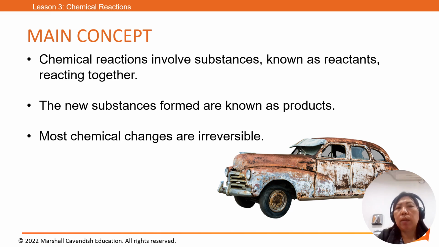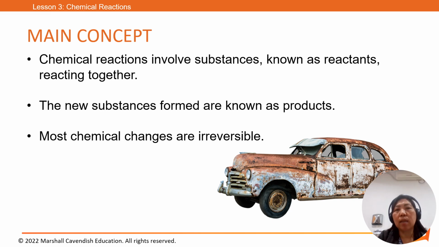Well, there is a layer of brown substance on the car, right? It is rusty. So this brown substance is a new substance. So we can say that it is a chemical change. So what type of change has the car undergone? Definitely a chemical change.